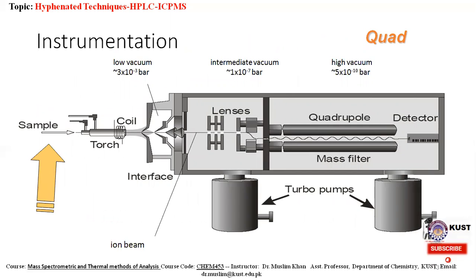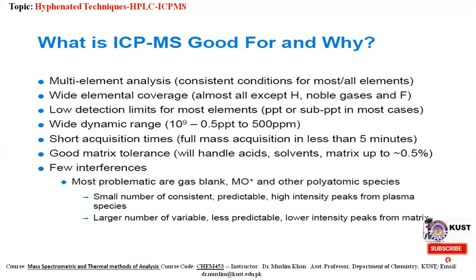While generally discussing the instrumentation of ICP-MS, first the introduction: inductively coupled plasma mass spectrometry is undoubtedly the fastest-growing trace element technique available today. Since its commercialization in 1983, approximately 5,000 systems have been installed worldwide, serving many diverse applications.